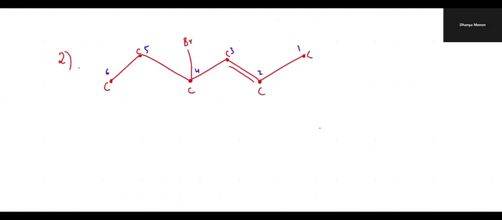Okay, if we do the numbering from the other side, 1, 2, 3, 4, 5, 6. Which one do you think is correct? The numbering should be done in such a way that the double bond is getting the lowest number. So definitely the green numbering is wrong because it is giving number 5 to the double bond. The blue numbering is giving you number 2 to the double bond, right? So we will not use the green one, we will use the blue one.